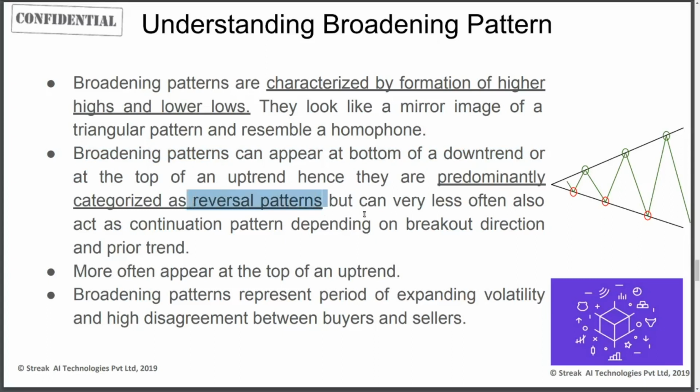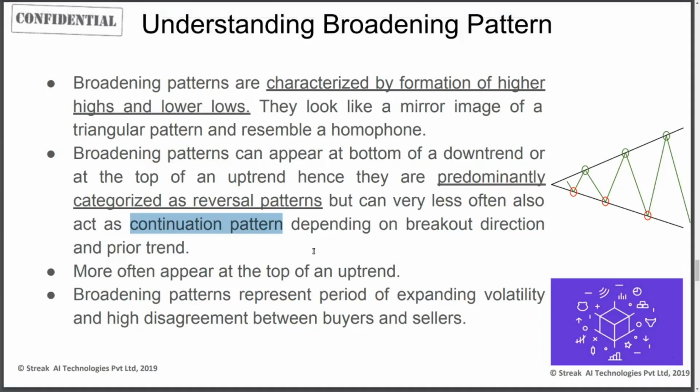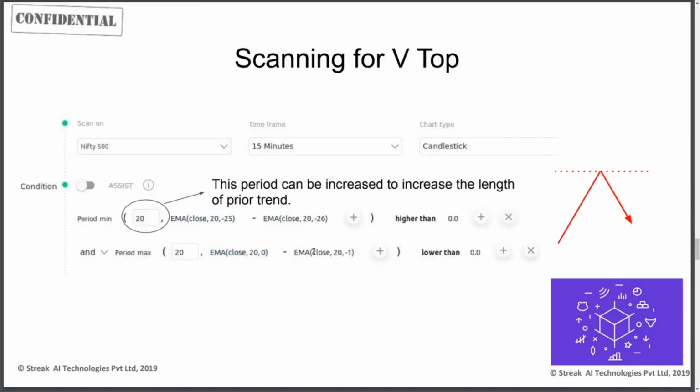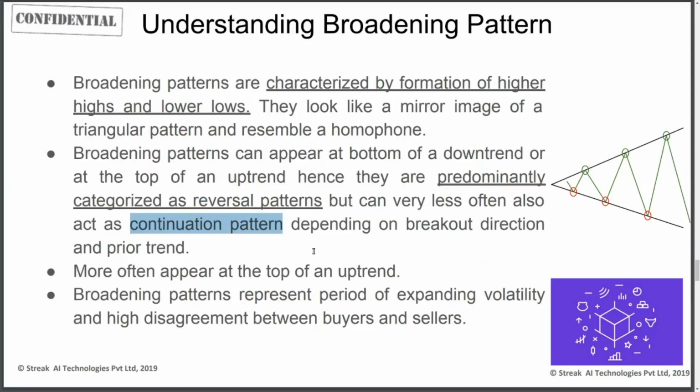But very less often they can also act as continuation patterns depending upon the breakout direction and the prior trend. Unlike the previous ones where we knew that they are reversal patterns, this is a bit more subjective and needs a bit more understanding of what is happening before that. More often it appears at the top of a trend.